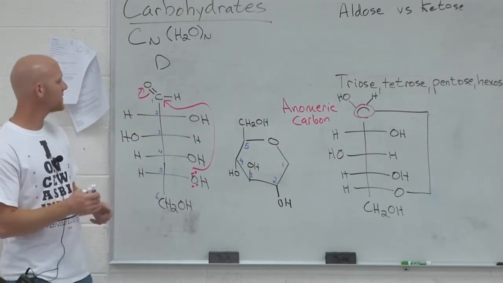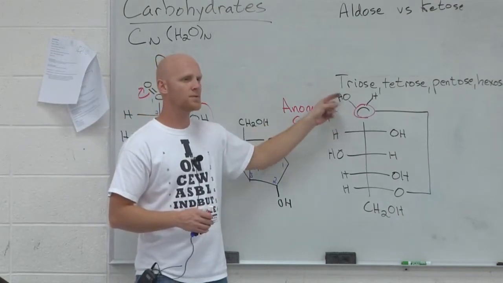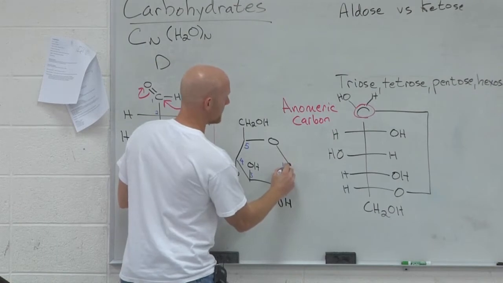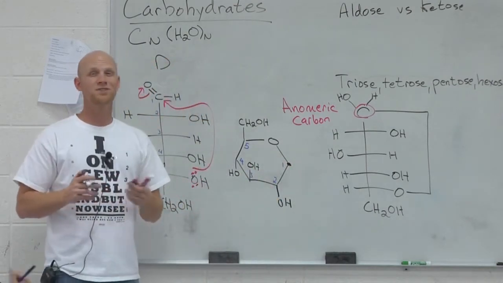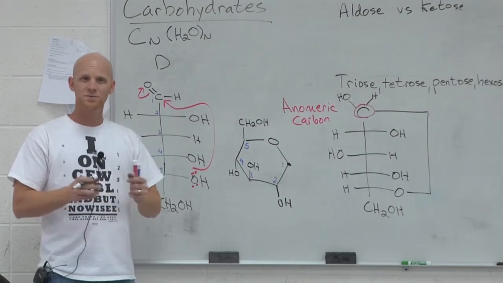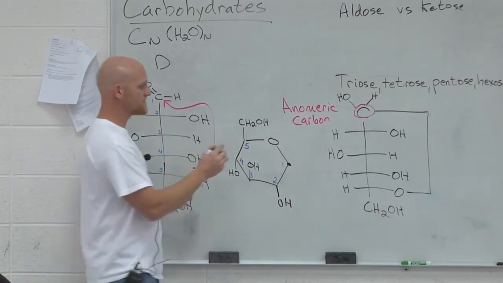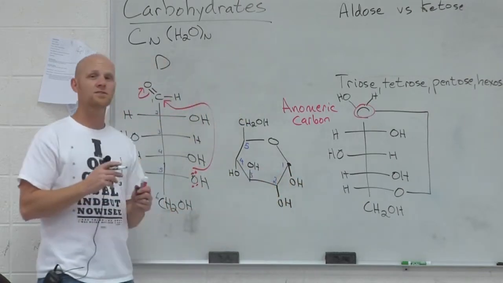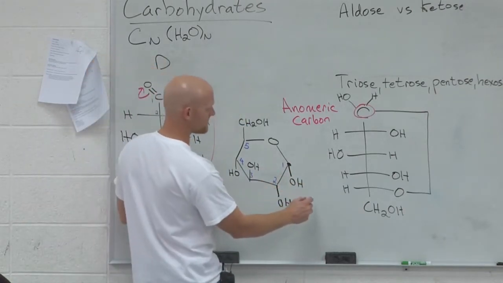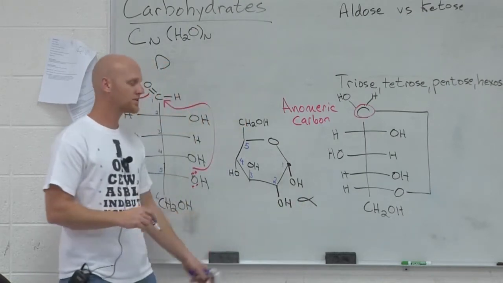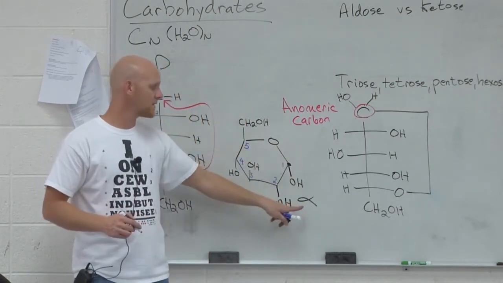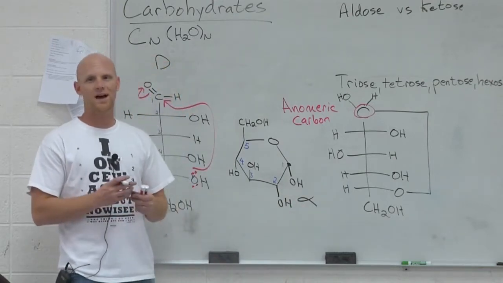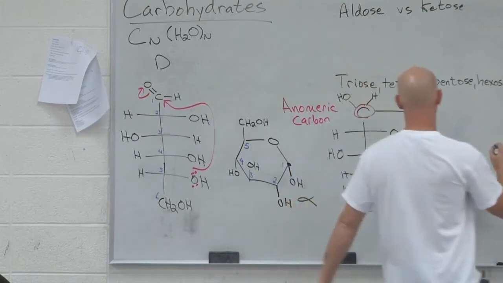Cool. Now we have to worry about the new alcohol on carbon number 1. Technically, that OH could point up or down. I'm going to give you the rule for just D sugars in a second, because that's what you're most likely going to see. So for D sugars, if the OH points down, what did you learn that actually meant? What's the designation we give for that? Alpha. Notice it's convenient that the OH pointing down is alpha, like you're swimming down with the fishies. So alpha means down.